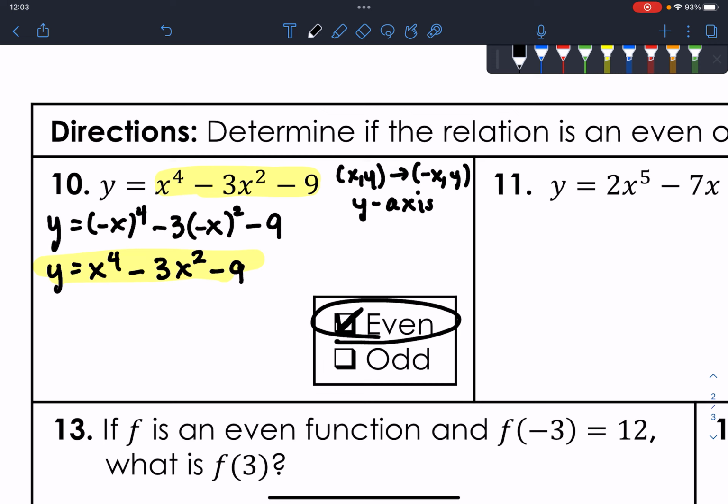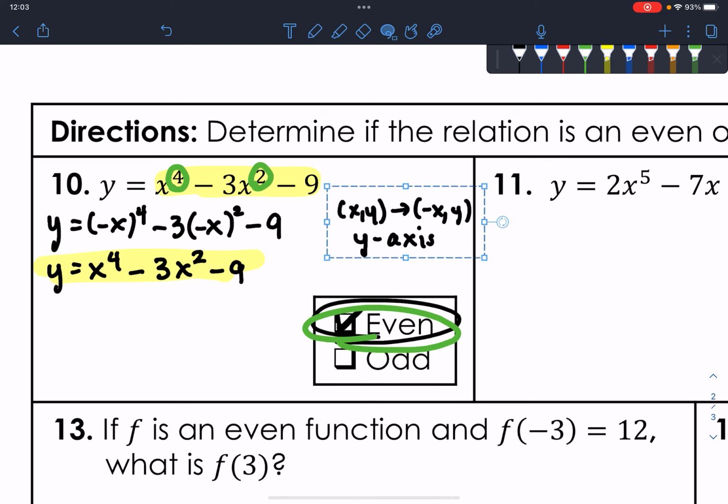Now there's a shortcut that we can use. Instead of doing this substitution and using this test, we can use a shortcut with these type of functions because they have exponents, by simply looking at the exponents. If all of the exponents are even, then it's going to be an even function, which is exactly what's happening here. Even the 9 has an exponent, even though it's not written.